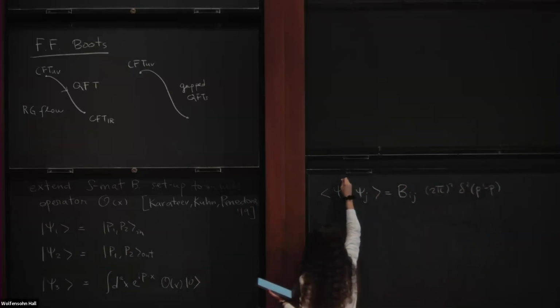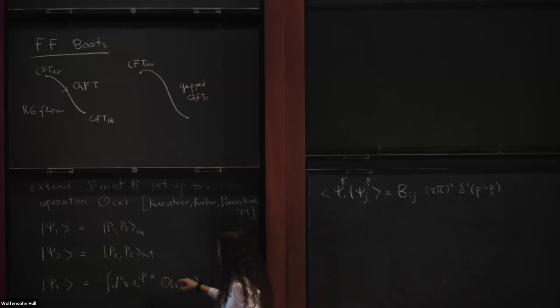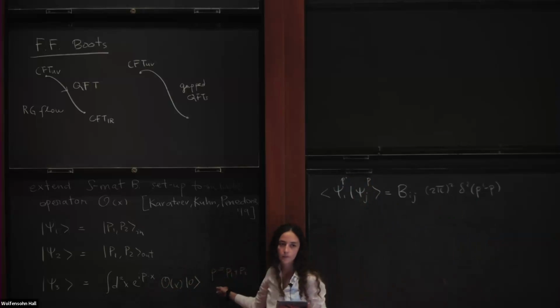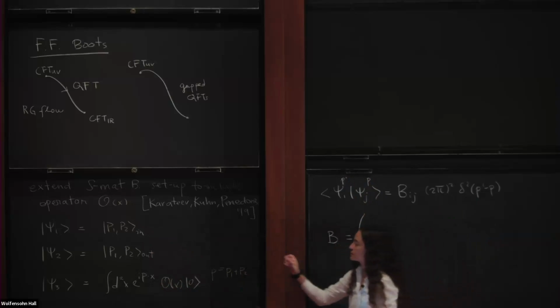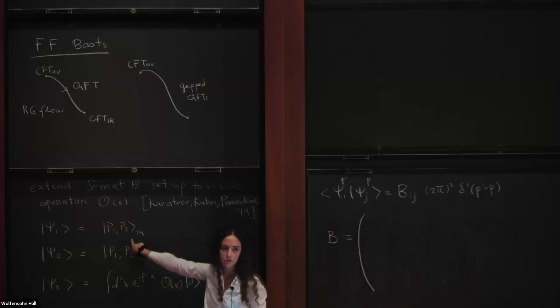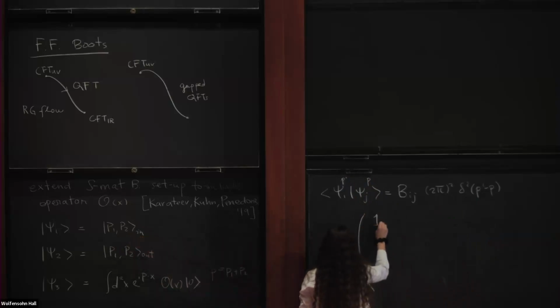So this would be with momenta P prime, and this with P. And this P, because we have these delta functions in the end, will be just P1 plus P2, where you have the momentum of the incoming or outgoing particles. So let's construct this matrix. On the diagonal one, say psi1 with psi1, what should I get? 1, good. I'm already stripping out the delta functions.